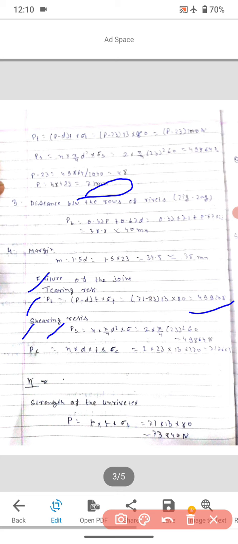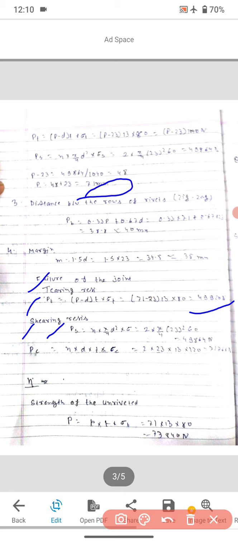Since it is a double riveted lap joint, n will be 2.